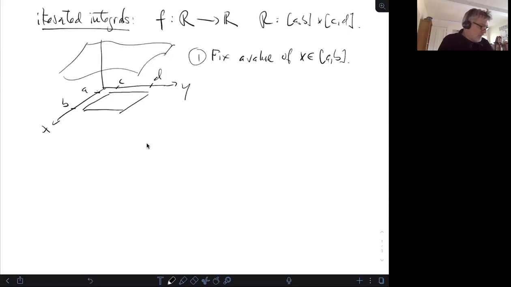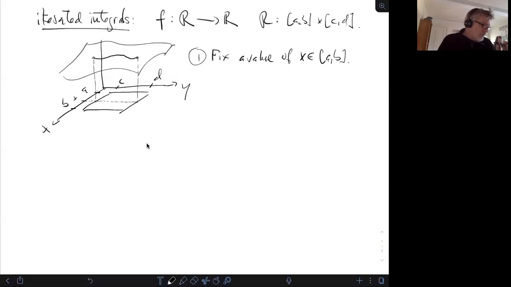So I take some x here, and I look at the function restricted only to that value of x. Maybe it looks something like this.